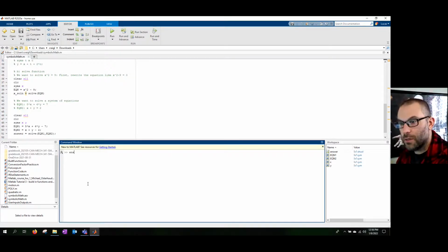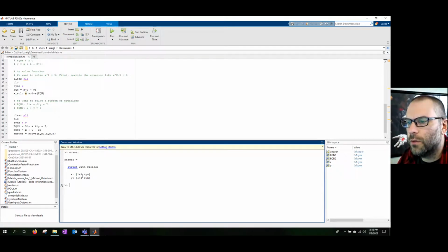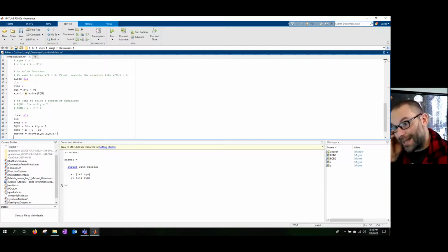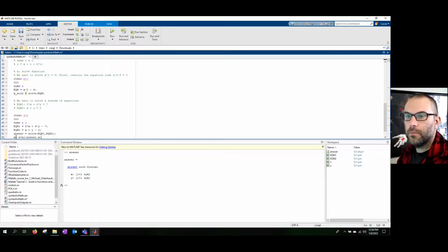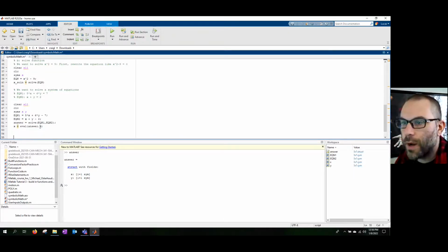Now, if I type answer, it gives me this weird structure field. Okay. Well, the way to extract that, okay, is you say x equals eval of answer dot x. Okay. So what this dot is doing, click enter, is it's getting the correct answer for x out of answer.